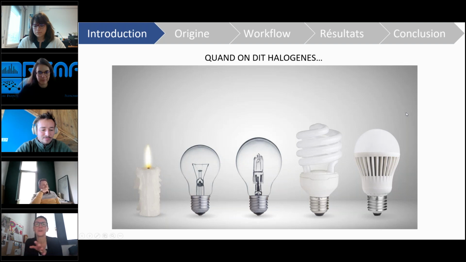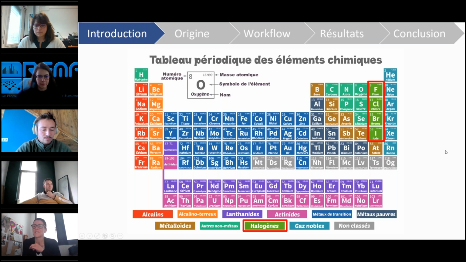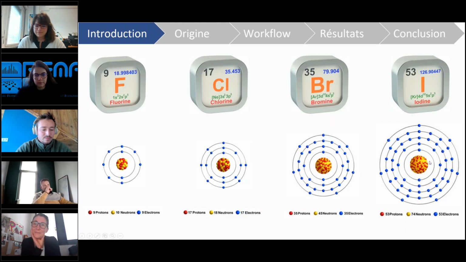When you talk about halogens with your family or the people around you that are not scientists, of course they think about this. I hope all of you think instead about the next slide: halogens are, as you all know, fluorine, chlorine, bromine, iodine, that we can find in different organisms.